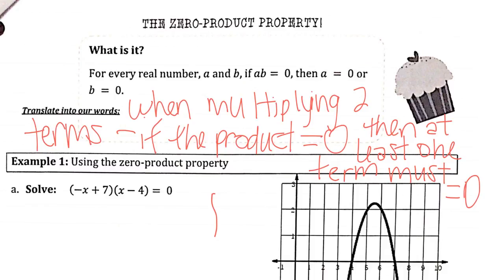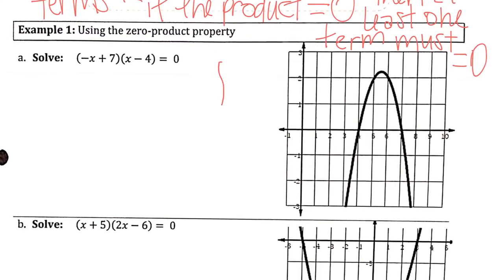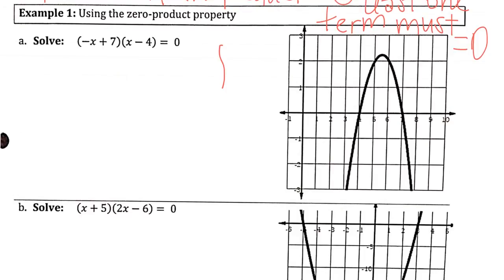So if we look down here, we see that we have negative x plus 7 times x minus 4 is equal to 0. So that means that either the first term is equal to 0 or the second term is equal to 0.